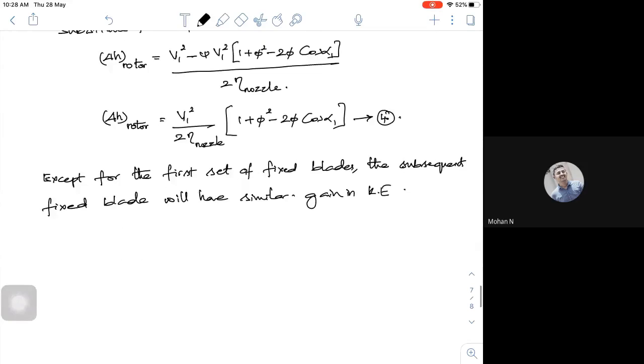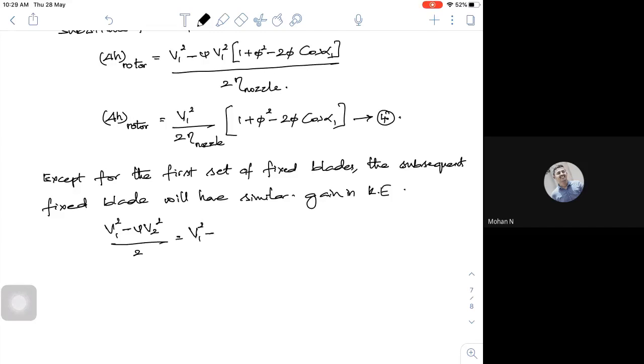It's something like V1 square minus psi into V2 square by 2, which will be equal to V1 square.